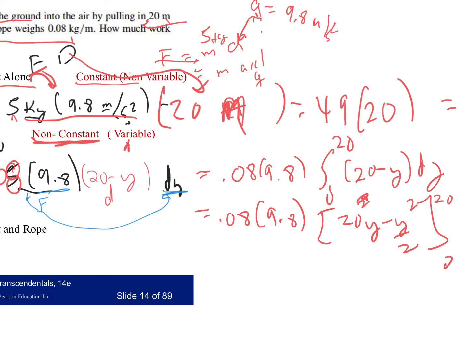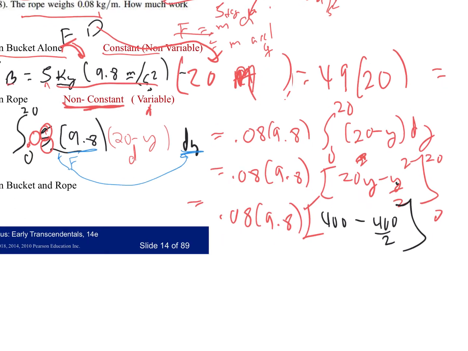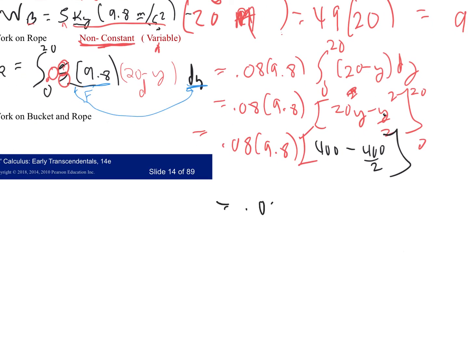The 0 doesn't do anything, so my answer will be, if you can key this in, 0.08 times 9.8 times 20 times 20 is 400, minus 20 squared is 400 over 2. There's your answer. It is 0.08 times 9.8 times 400 minus 200.